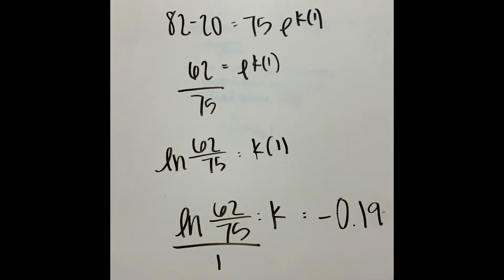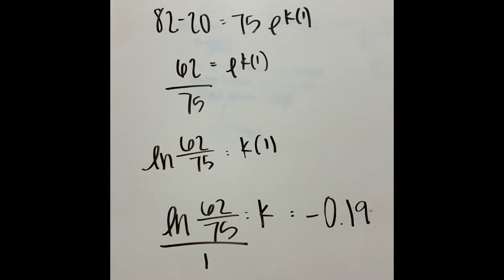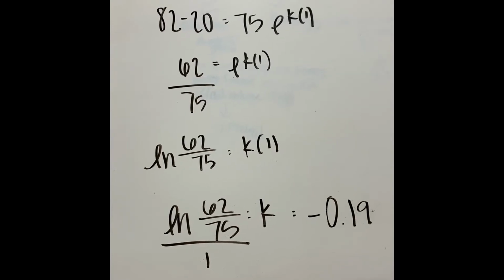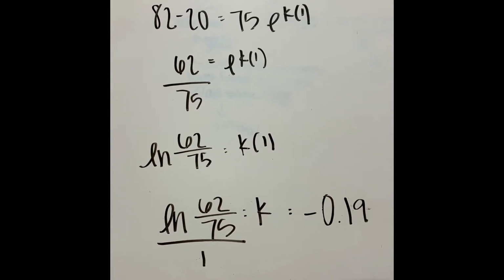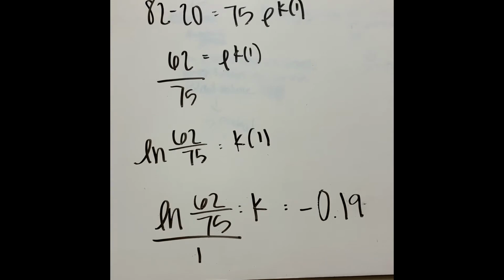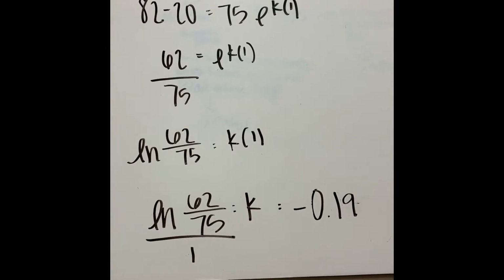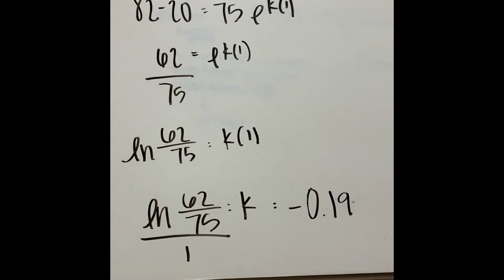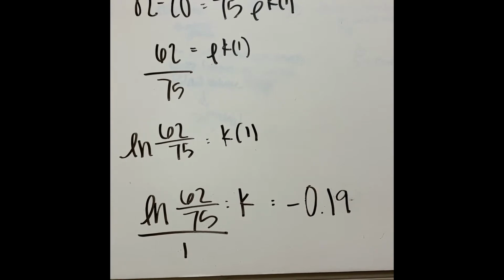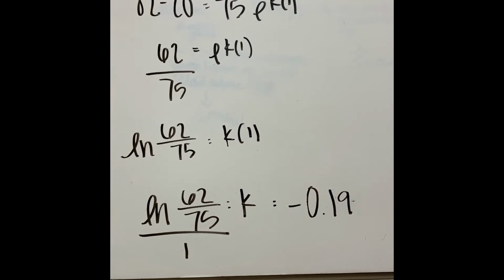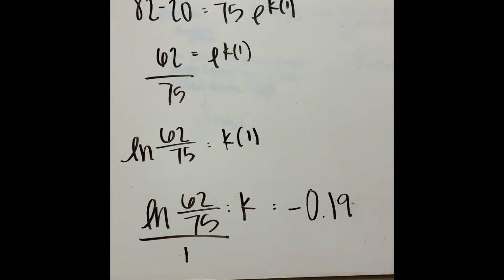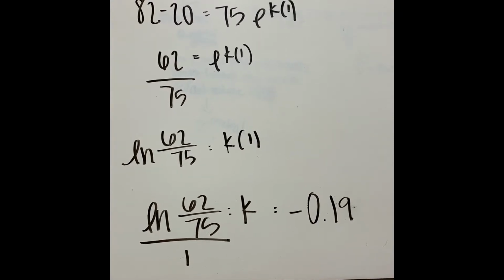To get rid of an e, you take the natural log of both sides, which leaves you with ln of 62 over 75 equals K times 1, and then we divided the 1 over to the other side. So you ended up with ln of 62 over 75 all over 1 equals K, and when you plug that into your calculator, you get negative 0.19.